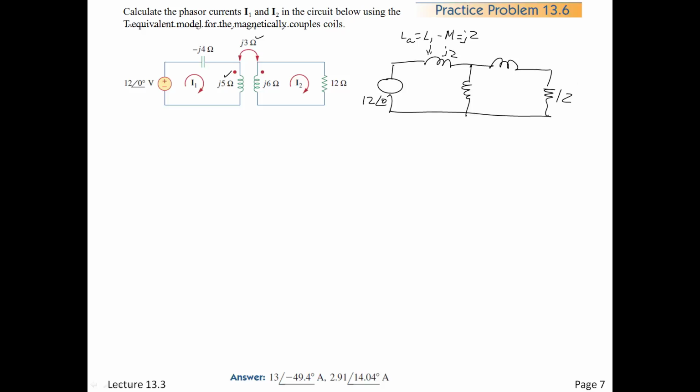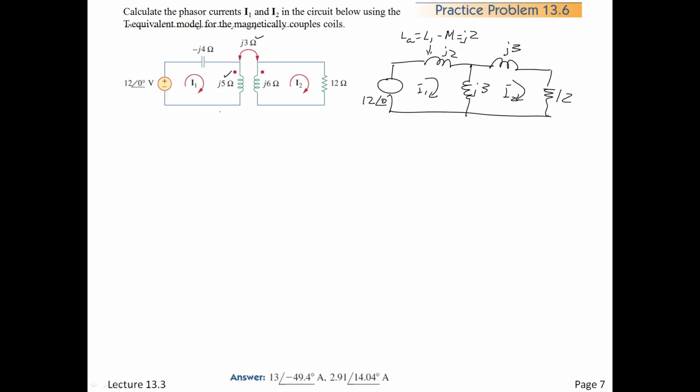I'm just going to write in some values here, J2, J3, and J3. These are the nice easy ones to find. And we've got I1 like this, and I2 like that. Okay, just copied them off the picture.